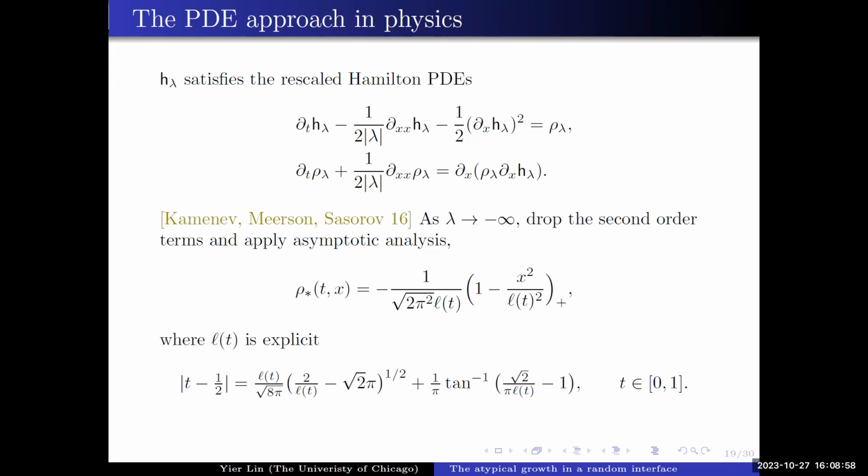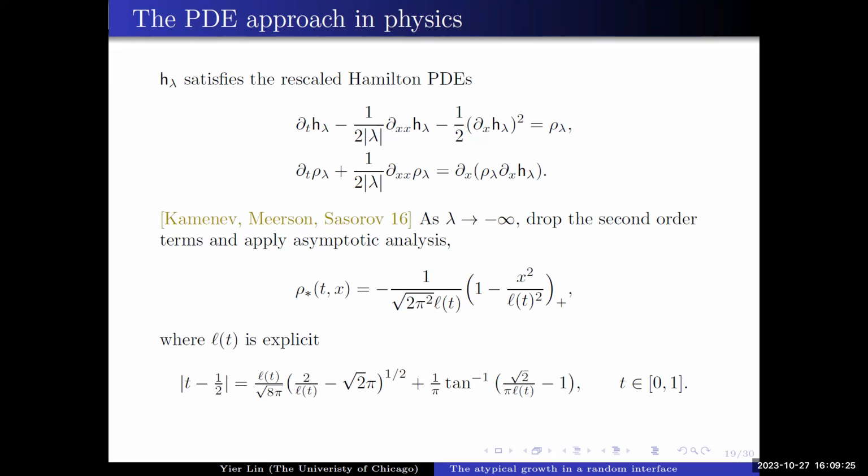And what they did is they apply a series expansion. They expand rho and H into a polynomial expansion in X, and in front of each term you have a coefficient as a function of T. Then you plug the series expansion into this PDE, match the coefficients, and find some solution.